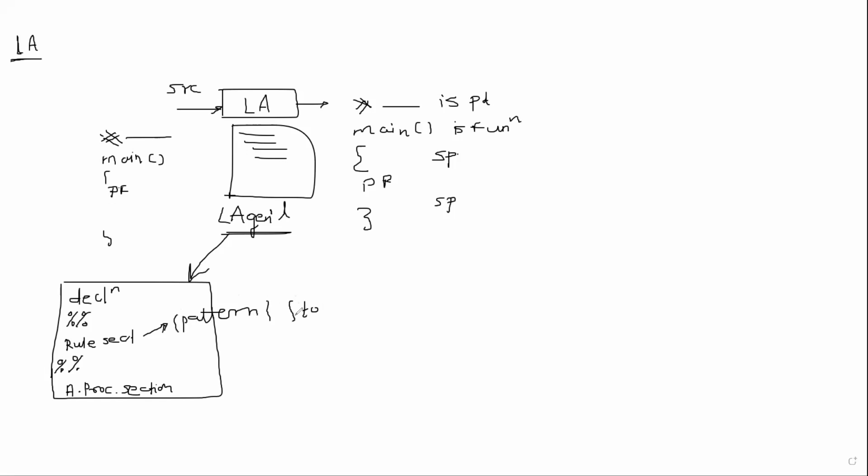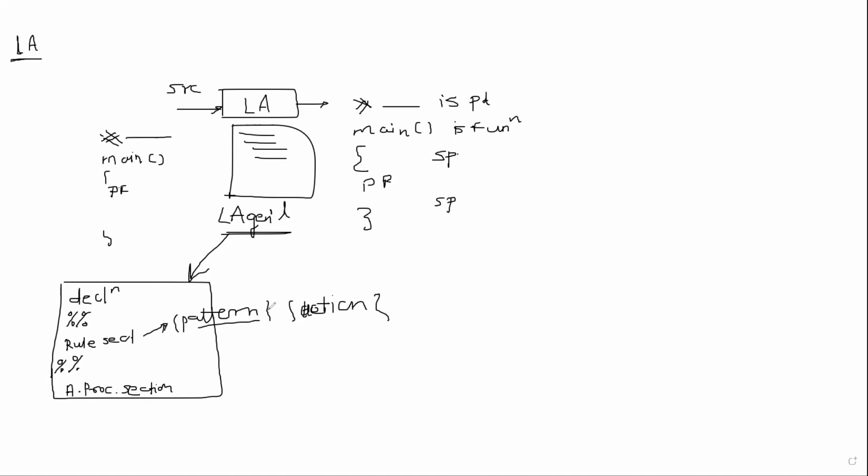So rule section includes pattern followed by action. So here you are going to get the action. Suppose this pattern is matched, then which action you have to take, that is written inside these curly braces over here. So that is the syntax of the rule section.